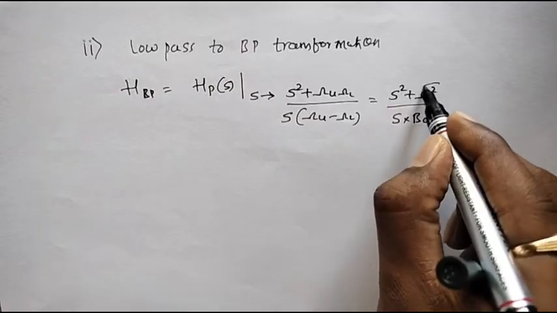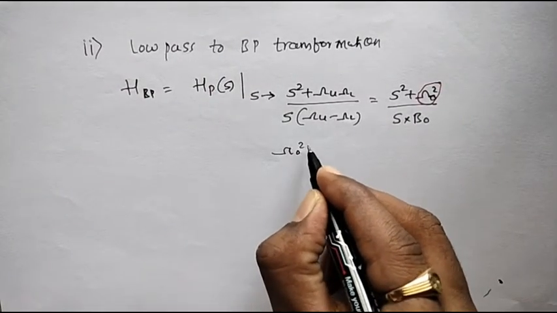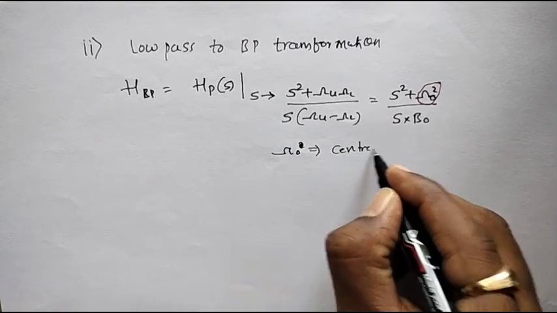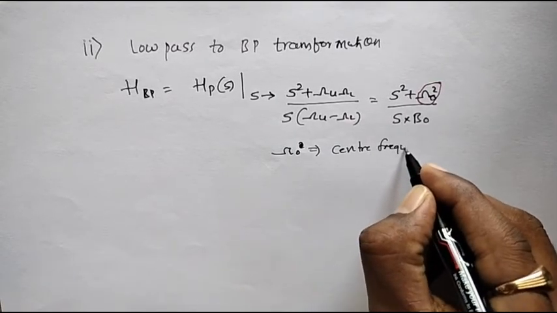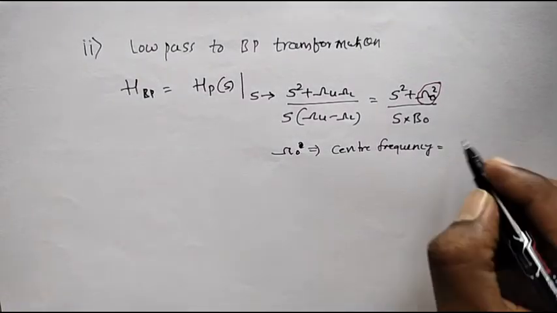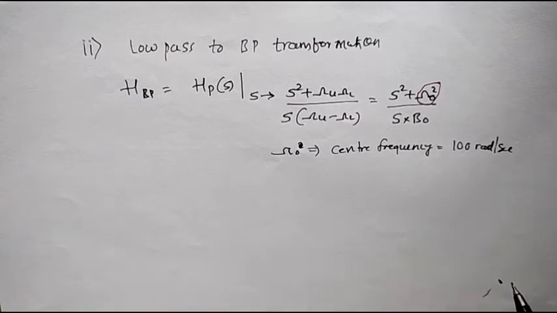Here omega_0 is the center frequency of the band pass filter, which is given as 100 radians per second.